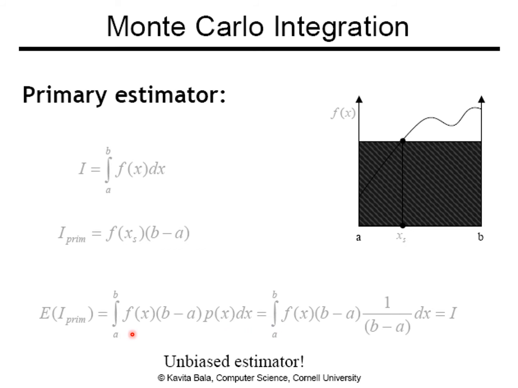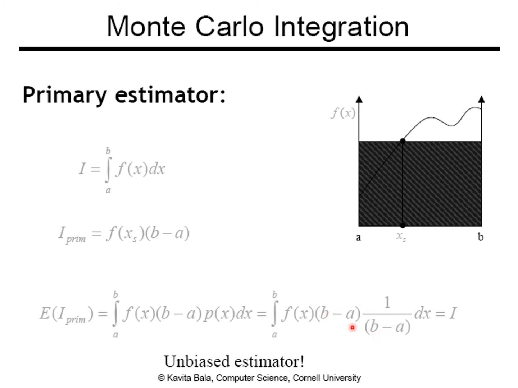So we integrate in the range of a to b f of x, and we put this primary estimator here. And then we also need to multiply with the p of x. As I mentioned before, p of x is nothing but 1 over b minus a. Why? If we integrate the p of x over a to b, it should be 1, right? That's why p of x turns out to be 1 over b minus a.